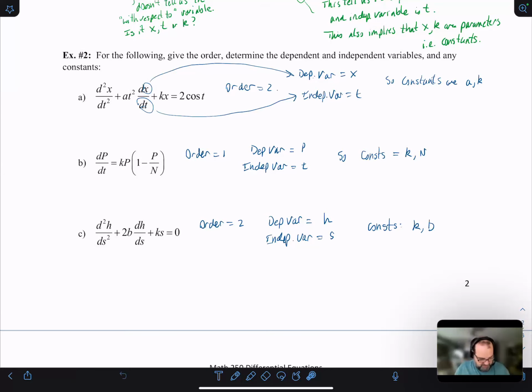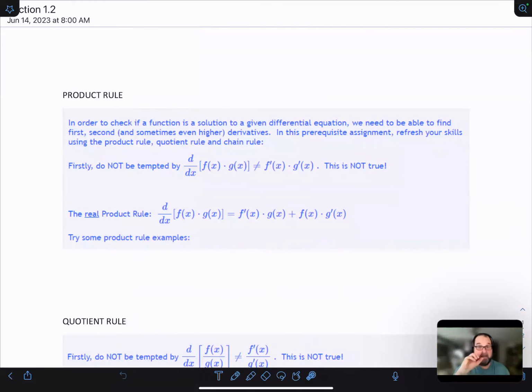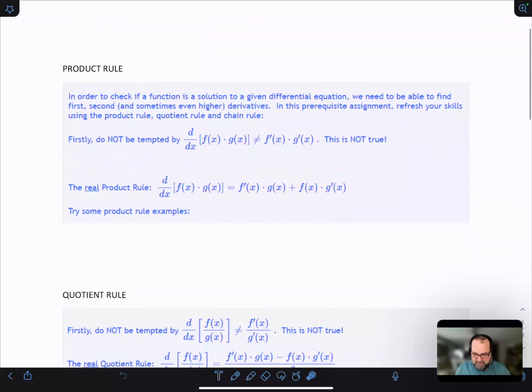The only other thing I wanted to look at here is some prerequisites for DEs and for this section. If you have had your calculus sequence recently, then this is probably pretty straightforward for you. But we need to talk about some of the prerequisite skills you need. You need to be able to take derivatives. We haven't learned how to solve any DEs yet.